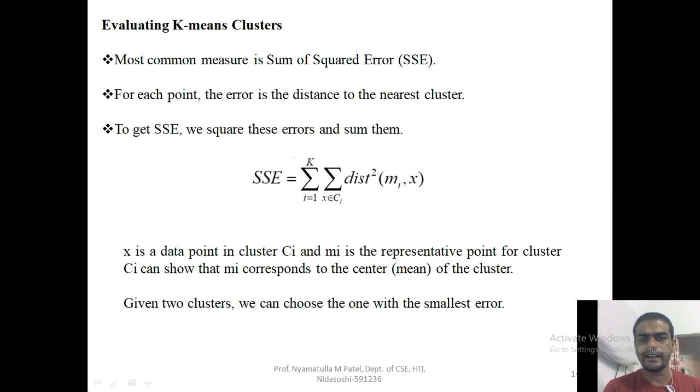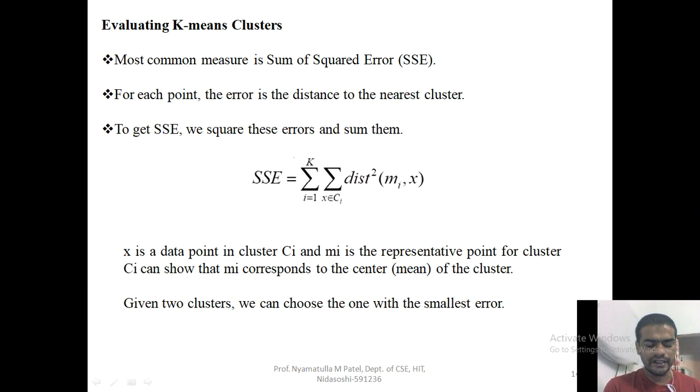properly a k-means clustering is performing, evaluating a k-means clustering algorithm, we use a measure called sum of squared error, that is SSE. For each point, the error is the distance to the nearest cluster. Here we compute the distance between 2 points, or the distance between one point of one cluster with respect to the other cluster.